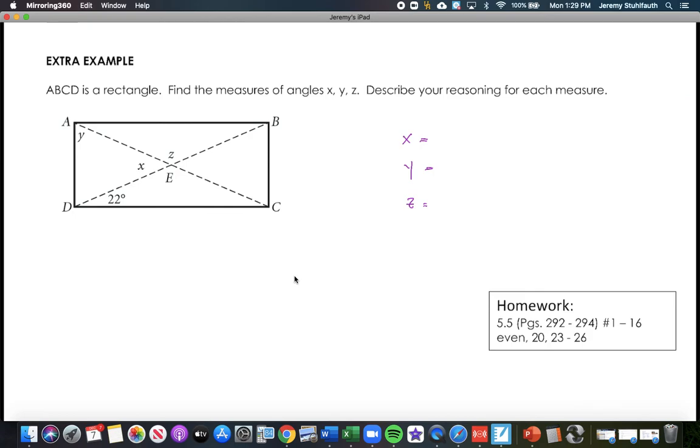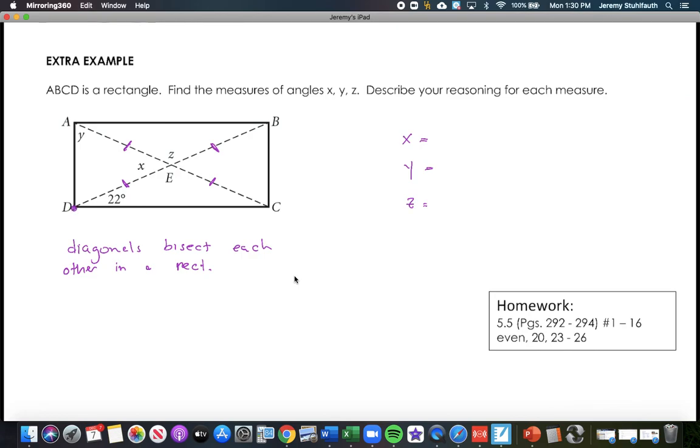So again, we know that the diagonals bisect each other in a rectangle. Now, because of that, we know this is congruent to this. We know this is congruent to this. And so what we see here is we have a bunch of isosceles triangles.